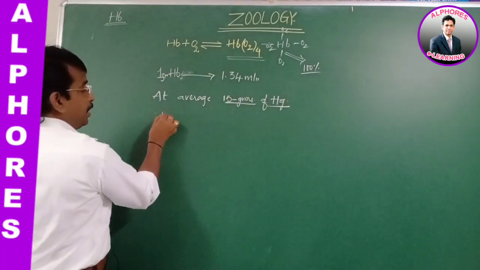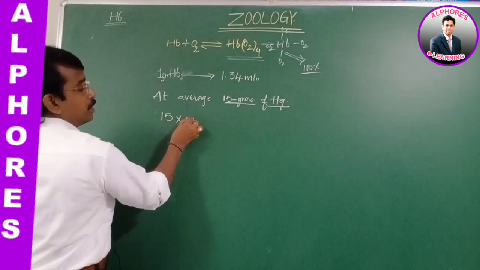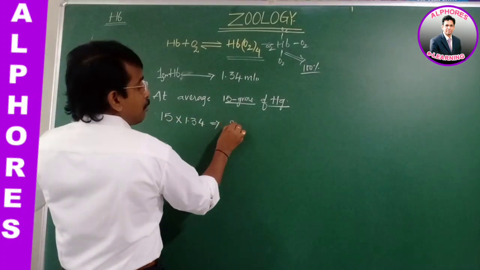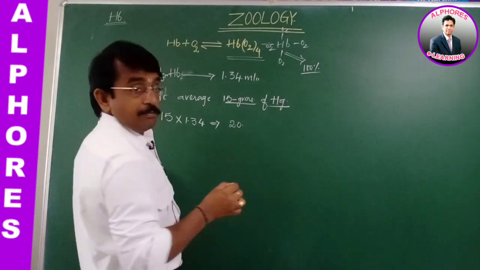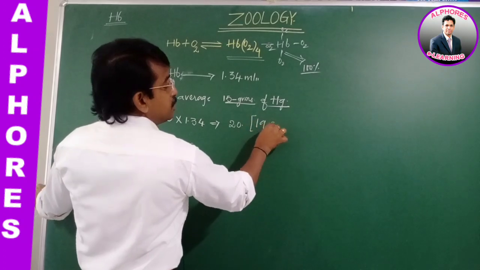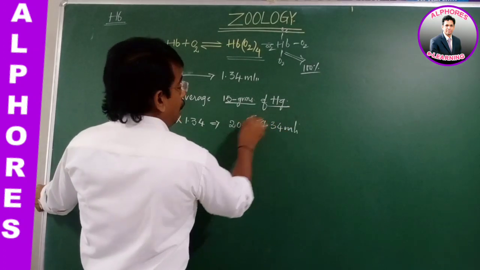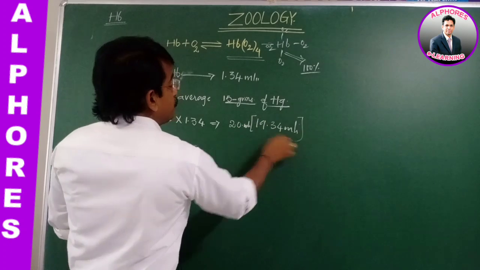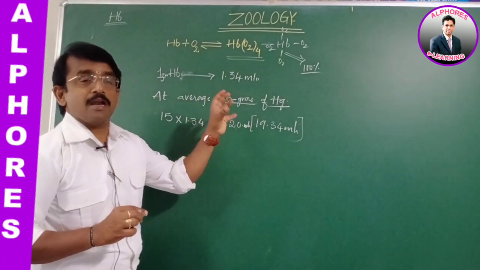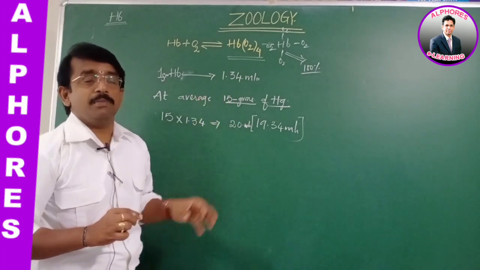So 15 into 1.34, we get approximately 20.1. So exactly it is around 19.34 ml. So approximately 20 ml of oxygen is carried by 100 ml of oxygenated blood.